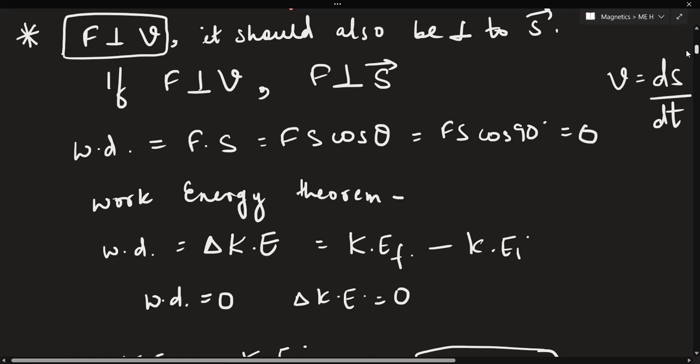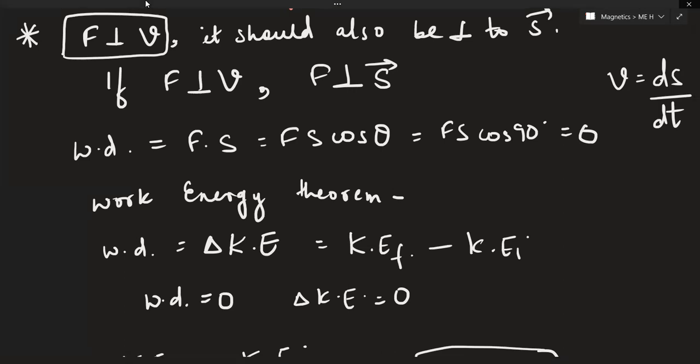If force is perpendicular to velocity, force will always be perpendicular to displacement, because velocity is the rate of change of displacement. So the angle between them is 90 degrees, and cos 90 is 0. That's why work done is 0. And when you apply the work energy theorem, all the work done gets converted into change in kinetic energy, so the change in kinetic energy is also 0. Both of these terms become 0. Got it?